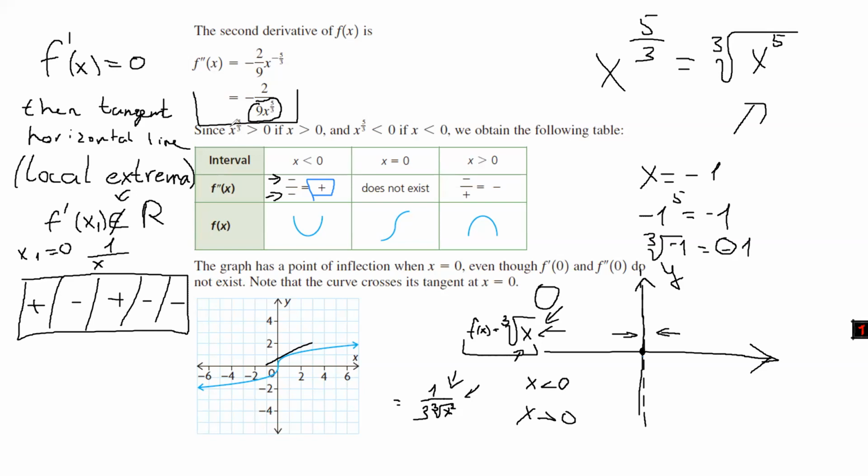What we've seen before is that when we concave up, the tangent line usually is below the curve. And when we concave down, the tangent line is above the curve. So we also can see that.